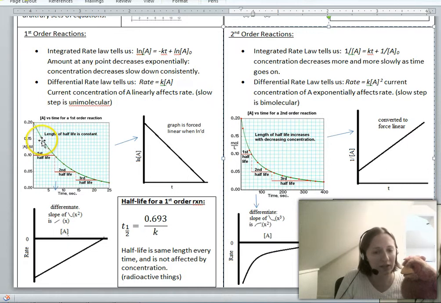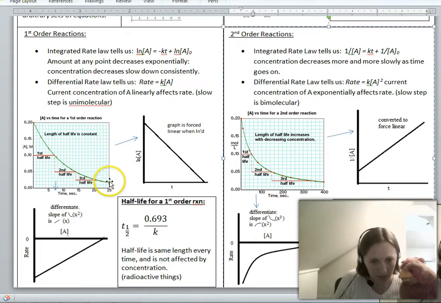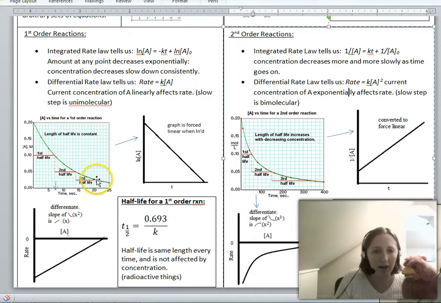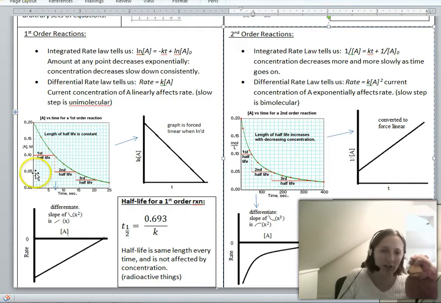So the slope gets less, and then you finally get to 0.10, but now there's even less, and so it's going slower and slower and slower. So that's the idea for a first order, and you can see this is the x squared shape, which is not quite as curvy as the cubed shape. So this x squared shape is what you get when you graph a first order reaction, just the concentration versus time.